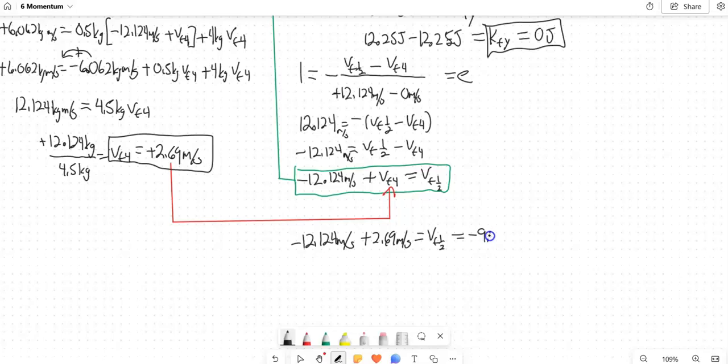Negative 9.43 meters per second. All right.